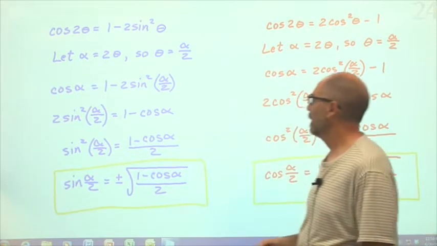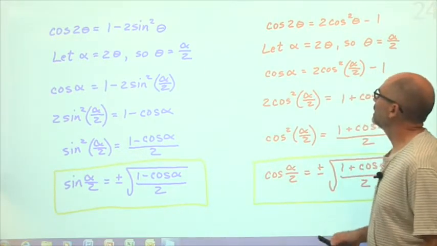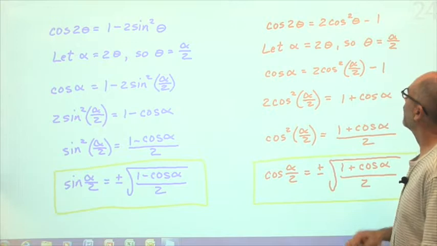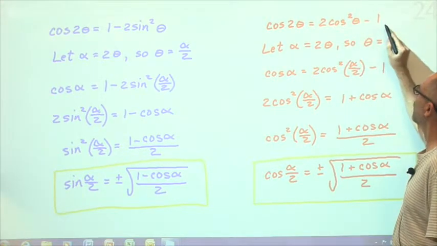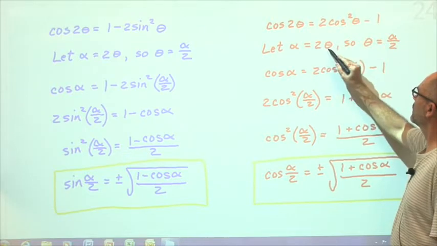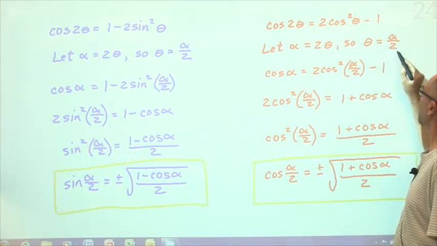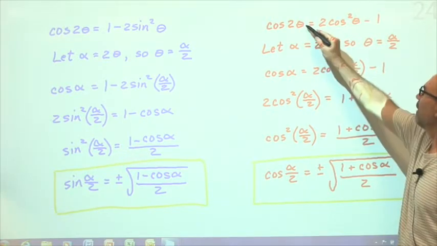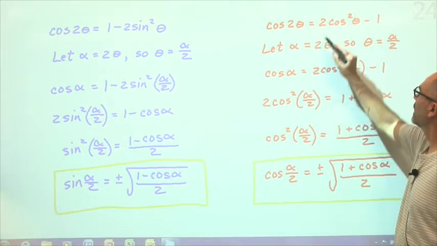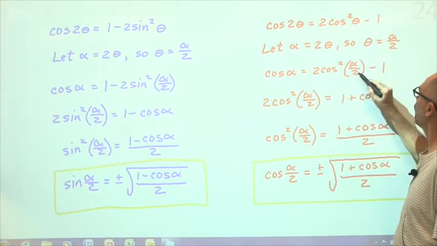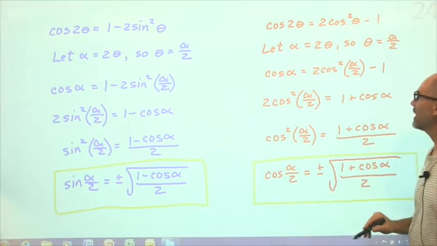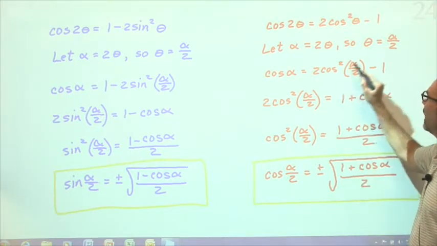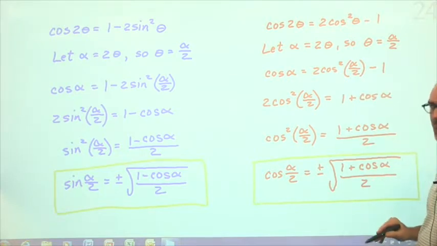Okay, so let's do the same thing with cosine 2 theta equals 2 cosine squared theta minus 1. So alpha is going to be 2 theta, and theta is alpha over 2. So now I have cosine of alpha equals 2 cosine squared alpha over 2 minus 1. Now, the goal, once again, is to get the cosine of alpha over 2 alone.